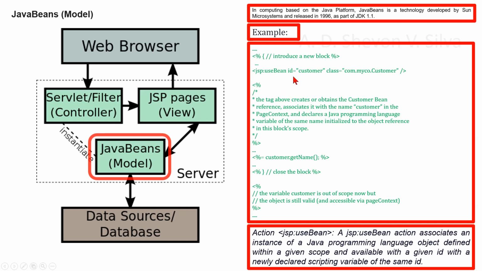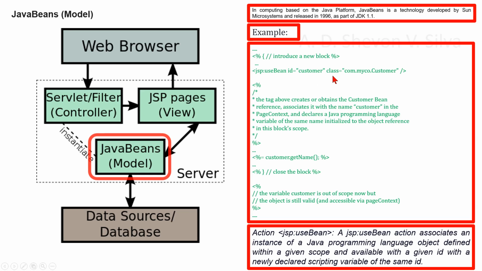Here you can see the attribute id, the name used to identify the object instance in the specified scope's namespace, and also the scripting variable name declared and initialized with that object reference. The name specified is case sensitive and shall conform to the current scripting language variable naming conventions.